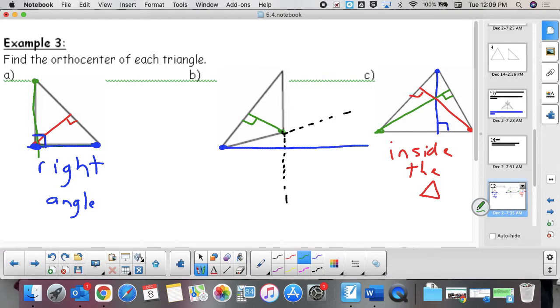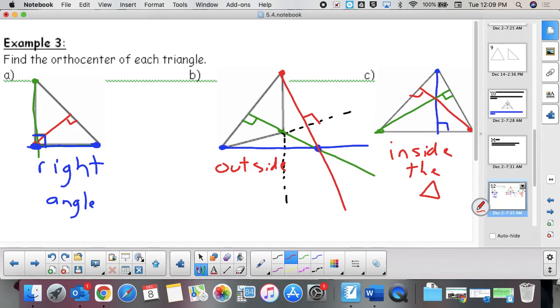Now remember, the altitude we already drew will need to be extended. So we already have that orthocenter. It's going to be right here. So now we can cheat if we wanted to. Go from that vertex, and we know we can go through that point. In an obtuse triangle, it is outside the triangle.